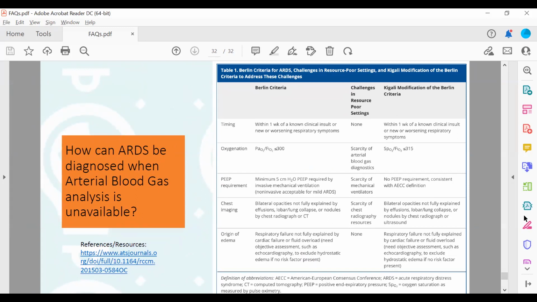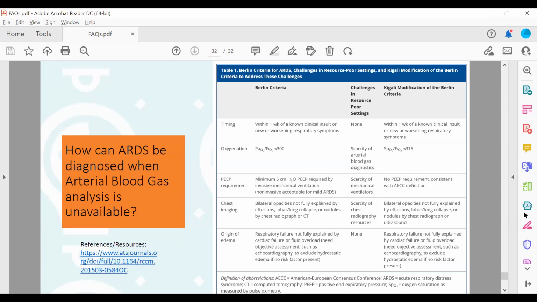Rather than being 300, you can have SpO2. For example, if the patient is saturating at 100, and the FiO2 is 1, which is 100%, then you have the ratio below 315. So you may start considering that the patient may be having ARDS.